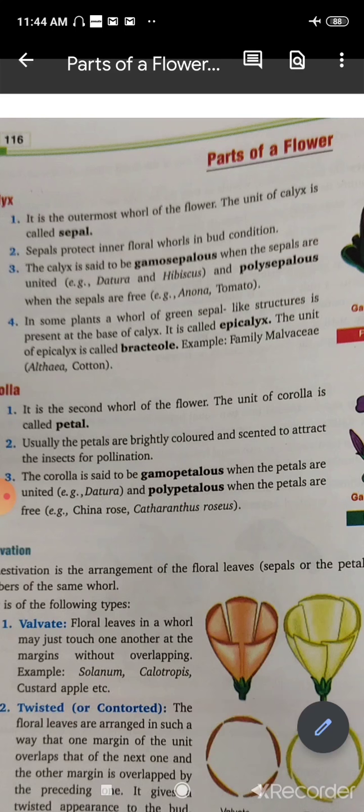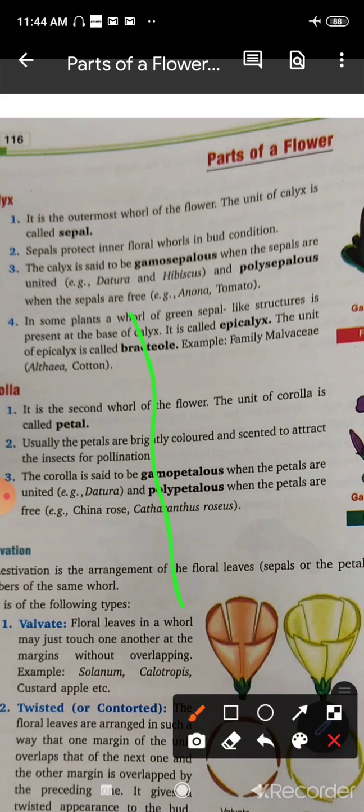Now for example, if this is the bud, these are the sepals, you will also find some structures like this below. This is the epicalyx. Why is it said that they look like sepals? Sepal-like structures because they are green leafy structures found just at the base of the calyx, and so they are known as epicalyx.